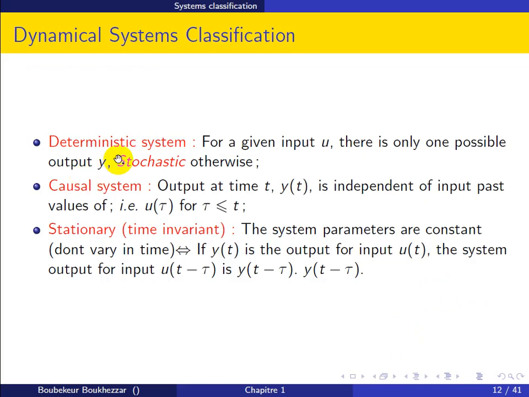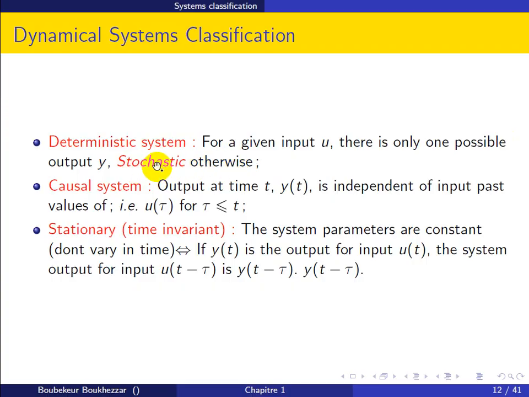We'll also recall the concept of a deterministic system. A deterministic system is a system that gives only one possible output for one given input. It's described by a deterministic differential equation. So we have no statistics or probability or stochastic processes here.